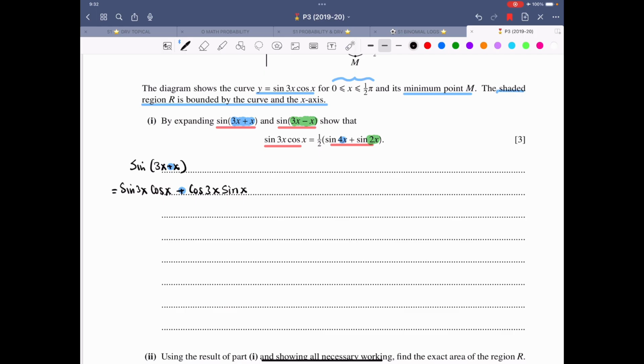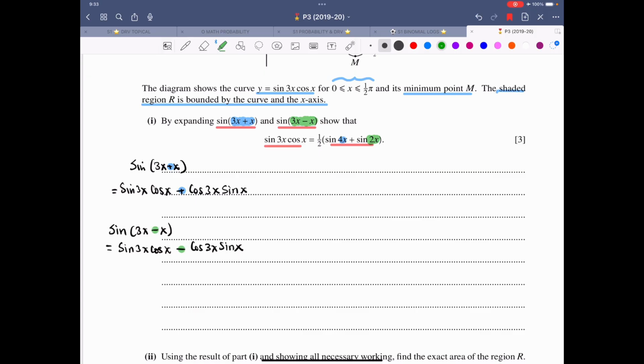And similarly, sine bracket 3x minus x is equal to sine 3x cosine x minus cosine 3x sine x. Over here, the sign that was at the beginning, the negative sign, remains.